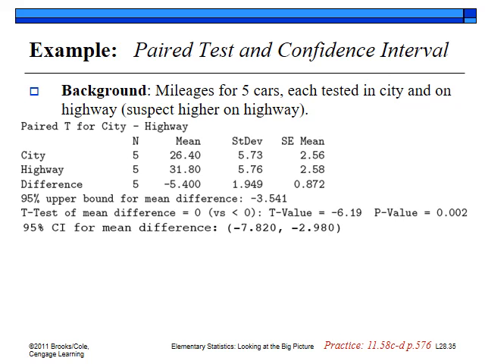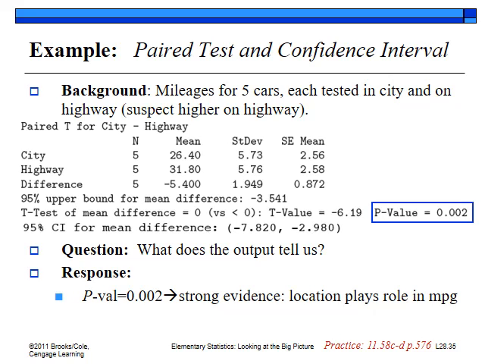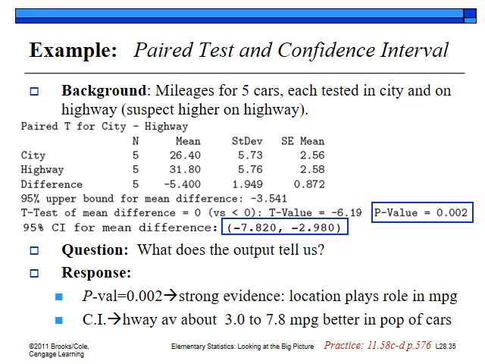Here's what we get when we run this through software. What do we learn from the output? Well, we get a p-value of 0.2%. That's pretty strong evidence. So location, we could conclude, does play a role in miles per gallon. The confidence interval tells us that we're 95% confident the highway average is somewhere between 3, that's where we see that negative 2.98, and 7.8 miles per gallon better in the population.